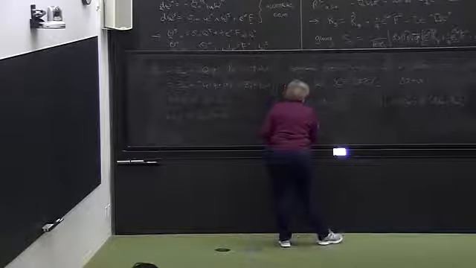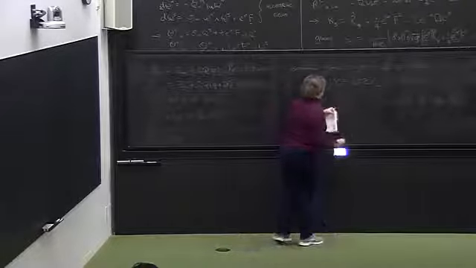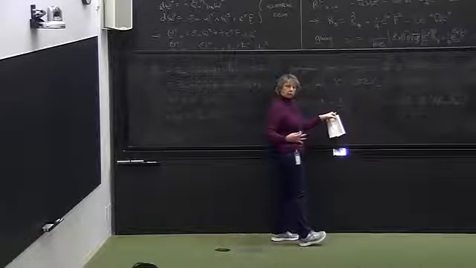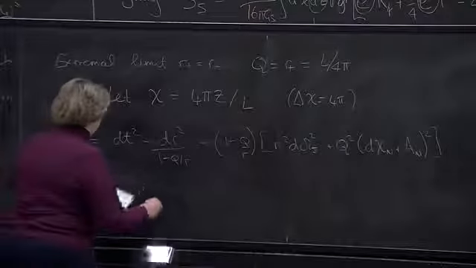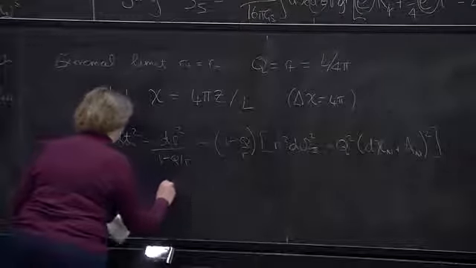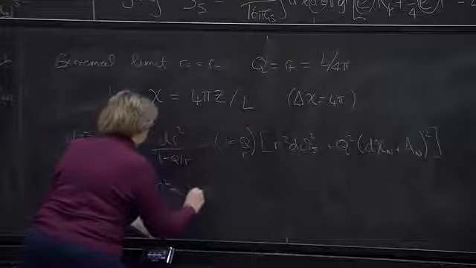So let's look at what happens when r goes to q. We kind of saw this when we looked at the Euclidean Schwarzschild metric, so it should be no surprise when I try and take the square root of r.